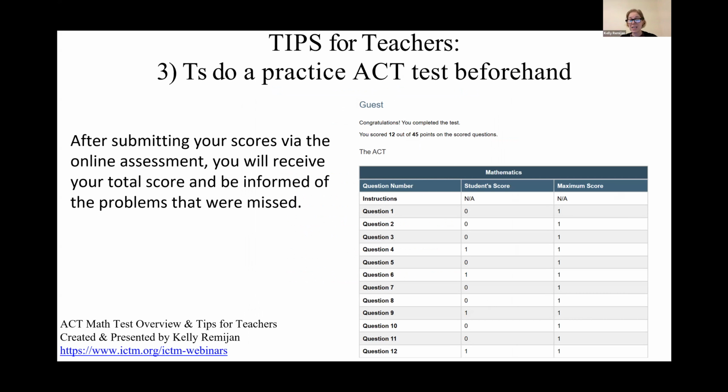At the end, it'll tell you which ones you got right and which ones you got wrong. In this case, for question 1, the student score was 0. That means they got it wrong. If they got 1, they got it right. So anything that's a 0, they got wrong, and if they got a 1, they got it right. That would be the case for you or the student.